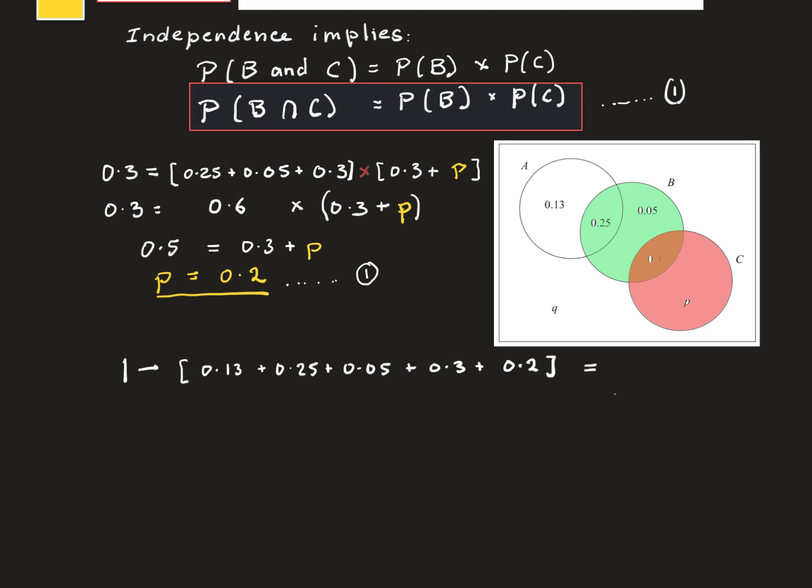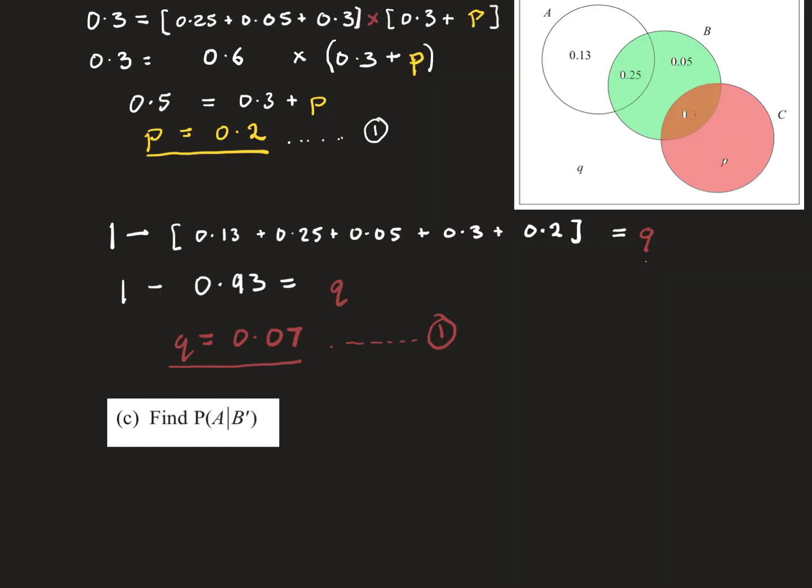If we take away all this, we should get the value of Q, which is 1 minus 0.93, and that is the value of Q. So Q is going to be equal to 0.07. And this is where you will get your third mark.